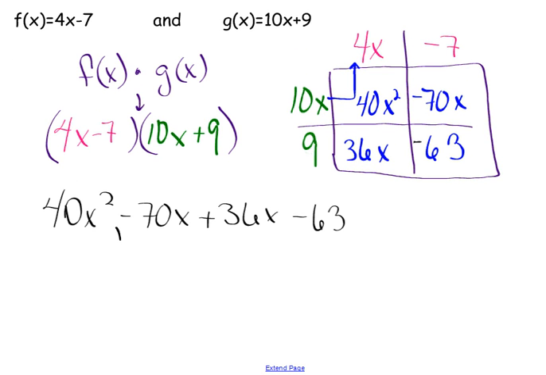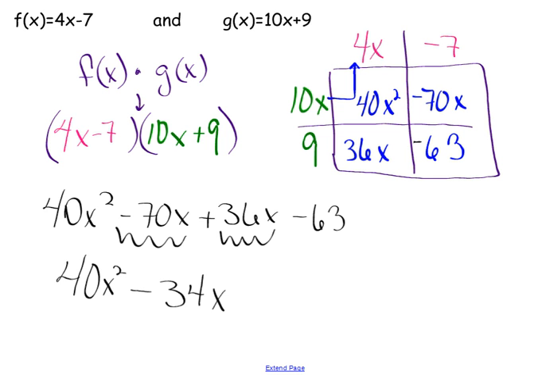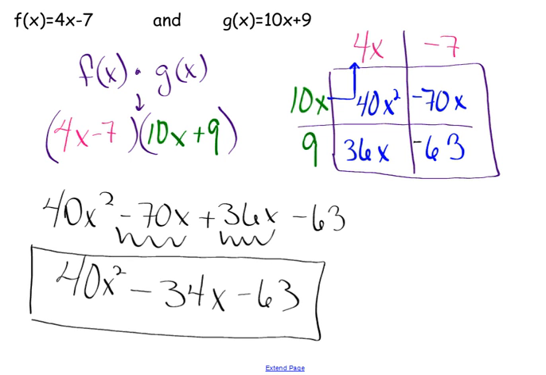The only like terms I have are negative 70x and positive 36x. Let's see, that's going to give me negative 34x. So f of x times g of x is 40x squared minus 34x minus 63, this lovely polynomial of 3 terms.